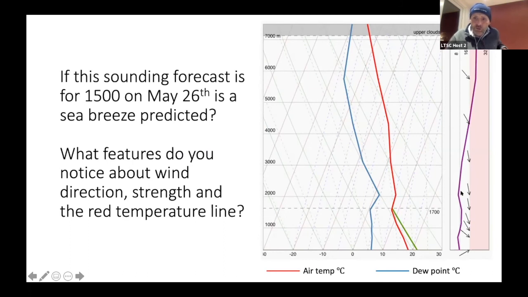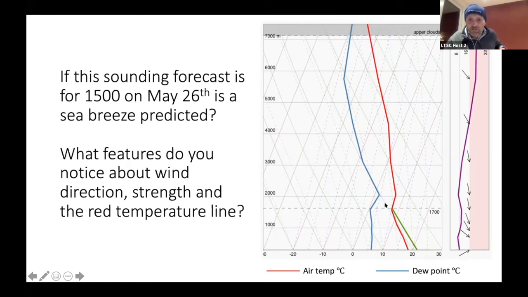What features do we notice? It's reasonably stable, sorry. There's an 8 knot line of breeze there, and that 8 knots goes up quite a way. You can see we've got that temperature inversion, which is capping it at 1,700 meters. So our sea breeze rises 1,000, 1,500, 1,700.